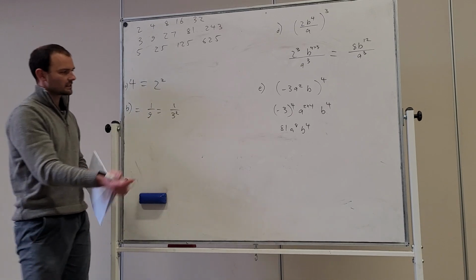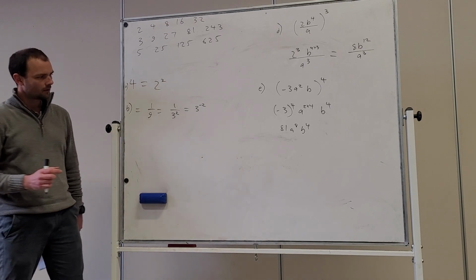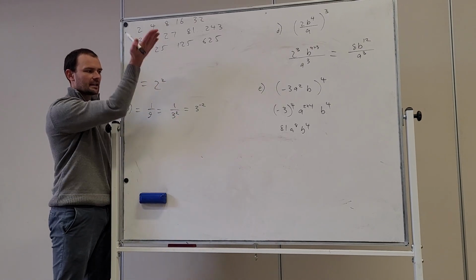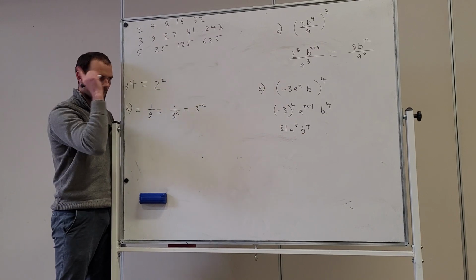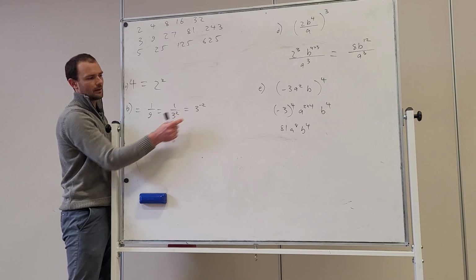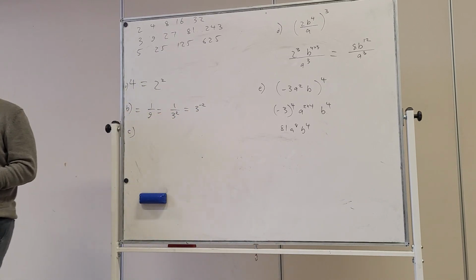We can express this as 3 to the power of minus 2. So this 3 is at the bottom, it has a power of positive 2. We can take it to the top of the fraction, provided we make the power negative. Okay, that's what that means. This one will pop up again a bit more, so don't be alarmed if you're a bit worried about that.